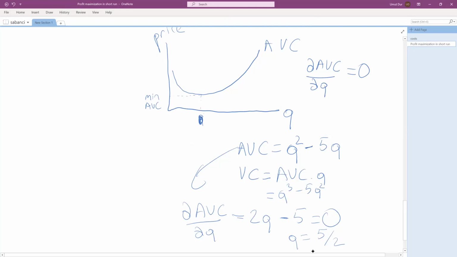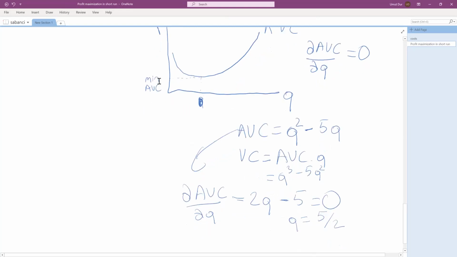So basically, this minimum of the average variable cost, so this is not a good example here, but the value of this minimum average variable cost will be 5 over 2 square minus 5 times 5 over 2. Okay, so let me change the question a little bit.